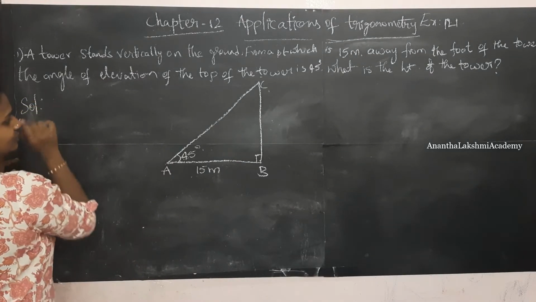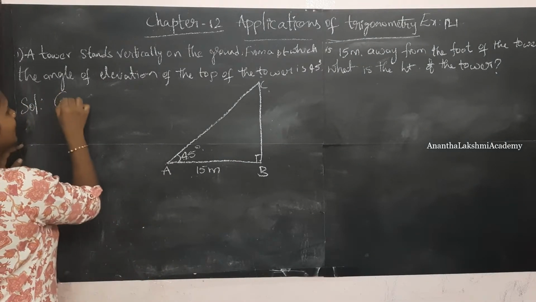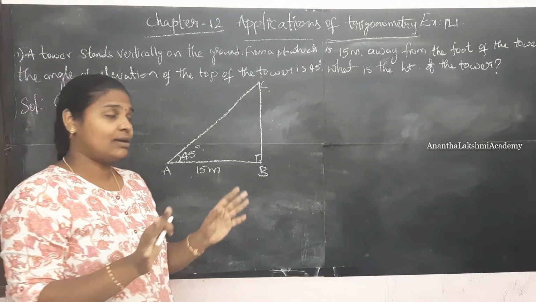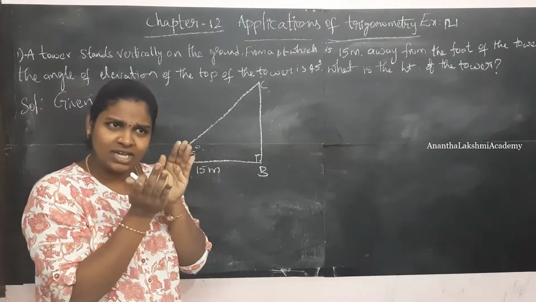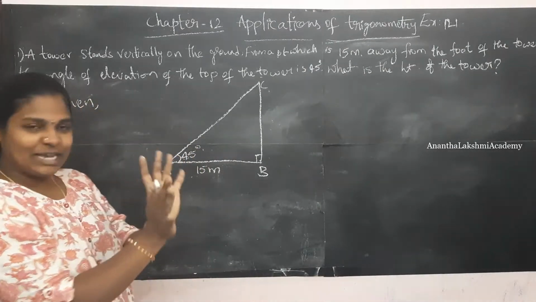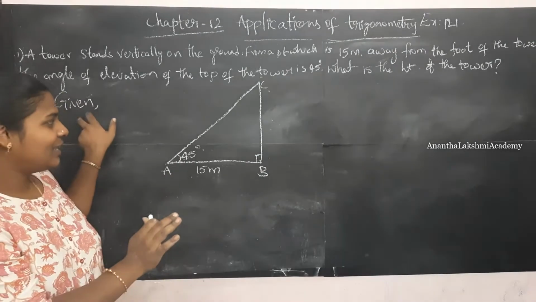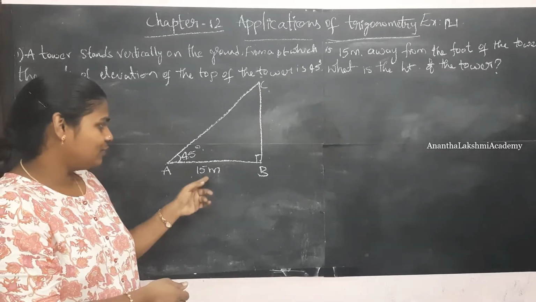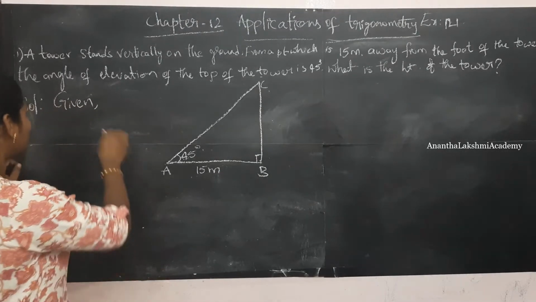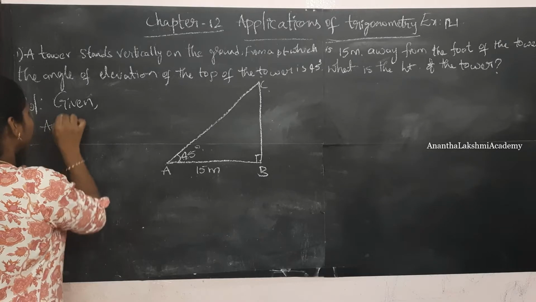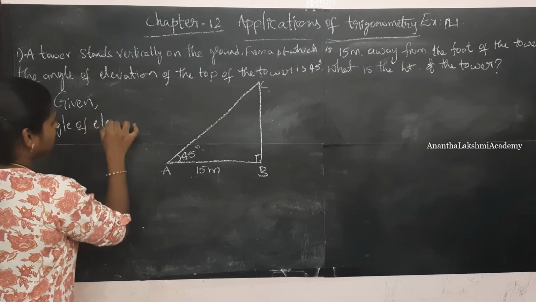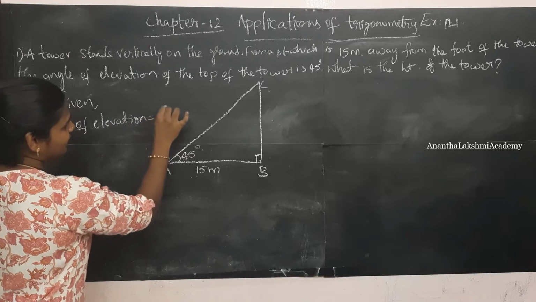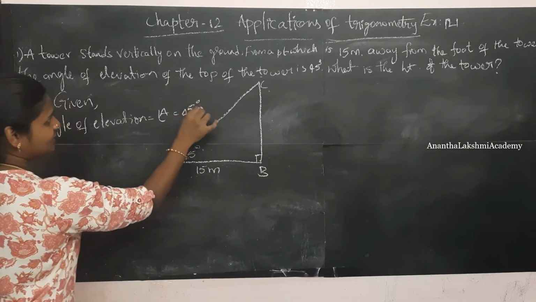Solution. Solutions in applications of trigonometry will be very short. I recommend you write the given: angle of elevation, angle A, is equal to 45 degrees.